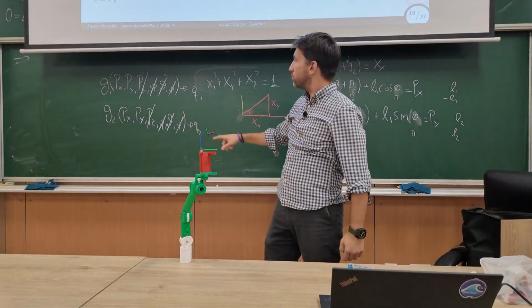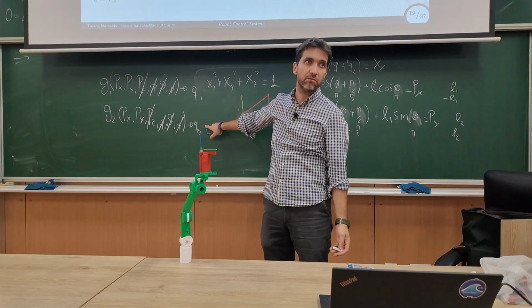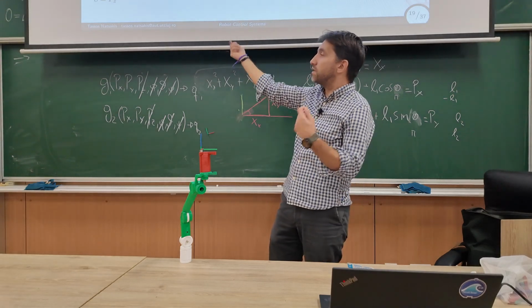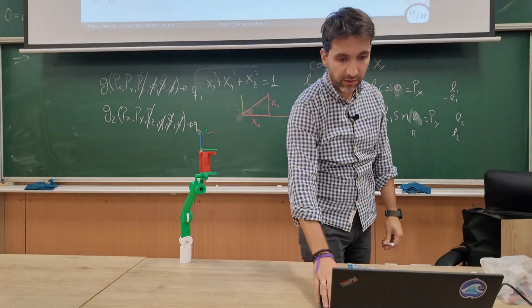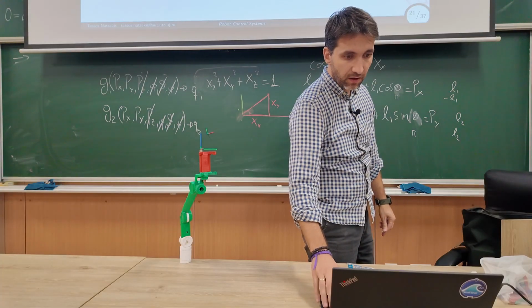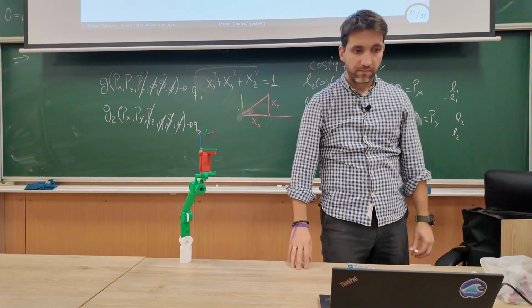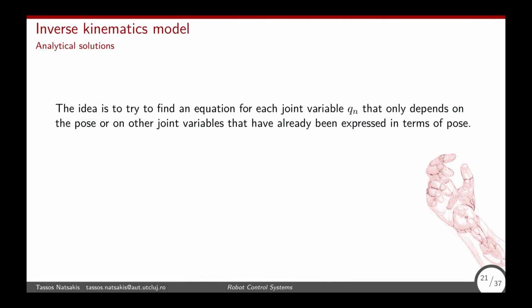Solve these equations for q1 and q2. Right? Basically, by moving things left and right. So we're trying to come up with equations or functions for each joint that only depend on the end effector pose variables that we chose for the inverse kinematics.